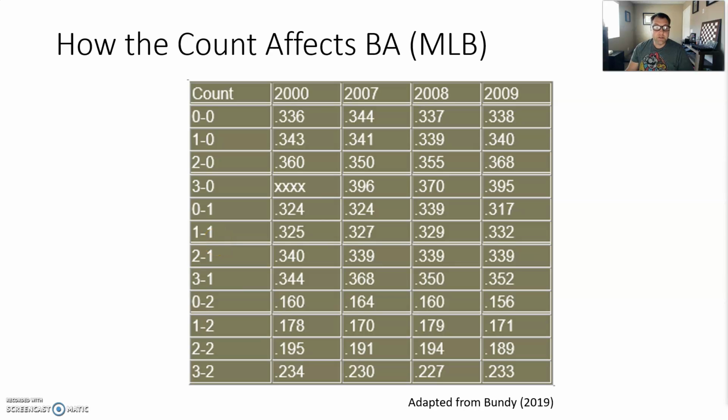What this comes out to is that, assuming that a pitcher is able to throw any pitch for a strike, a pitcher needs to be throwing about 2 out of every 3 pitches, or about 67% of all of their pitches, for strikes to be considered an effective pitcher.